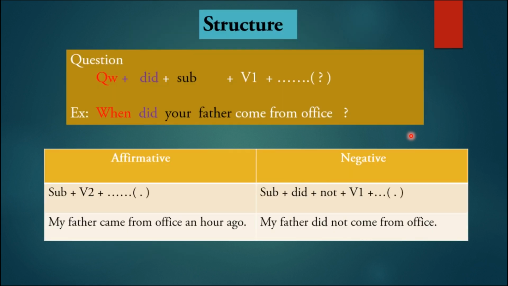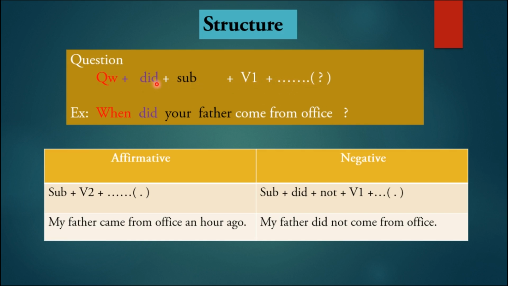Let me give the structures of simple past tense. Children, let us look at the question structure. Question word, it is followed by did plus subject plus V1 plus dash dash dash question mark.